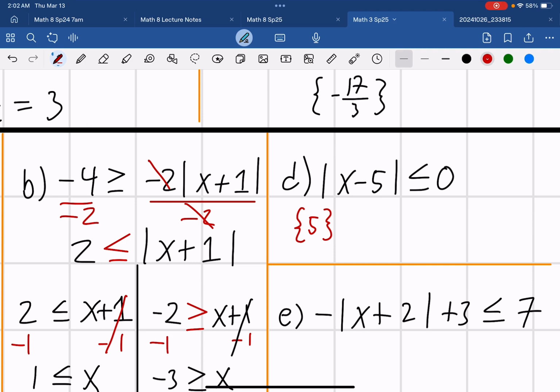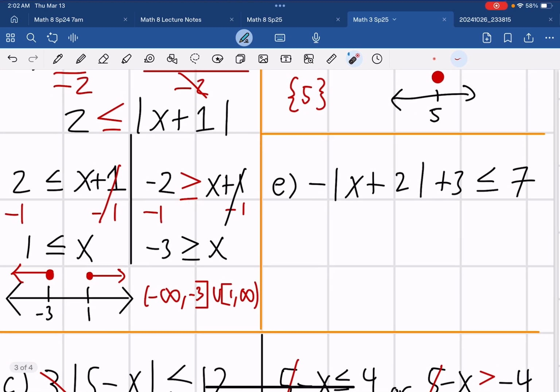And I don't bother graphing this, because if I graph it, I'm really only graphing a dot essentially. And I can write my answer in set notation, meaning that x equals 5 is the only number that satisfies this equation.